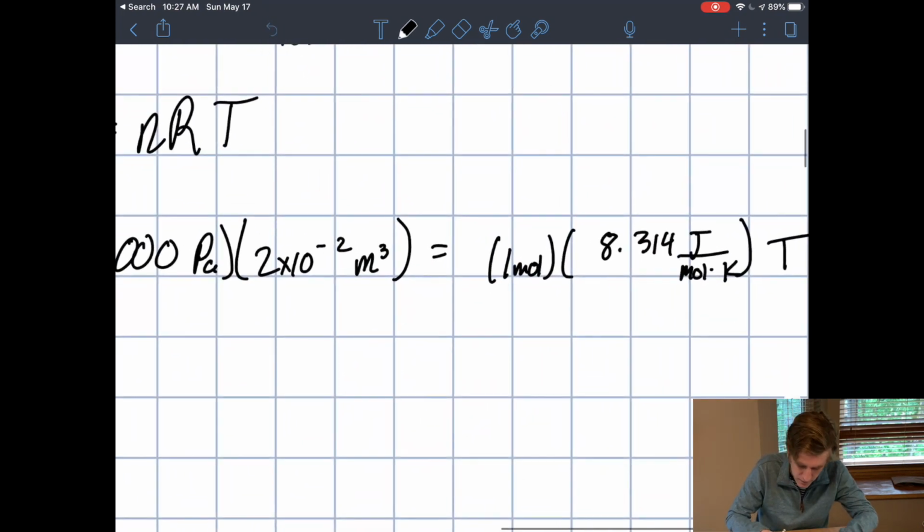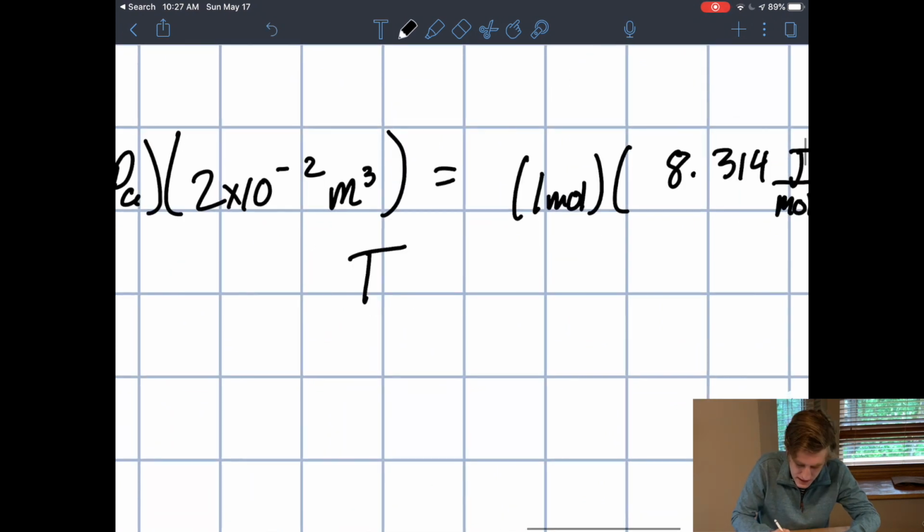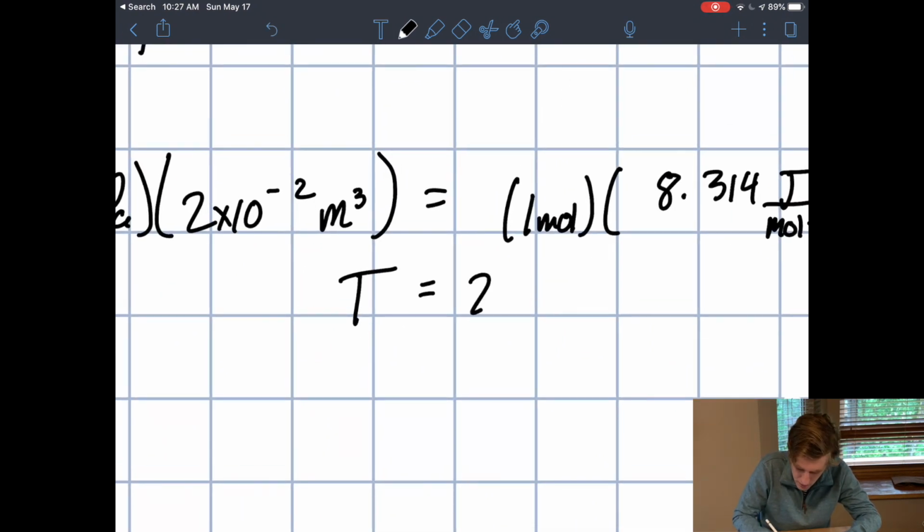Plugging all these numbers in, we get that the initial temperature is equal to 240.6 degrees Kelvin.